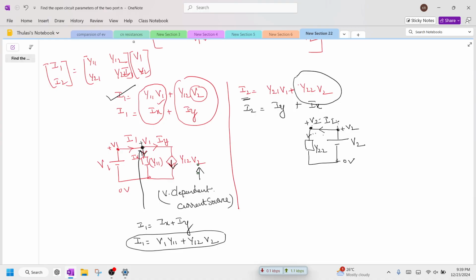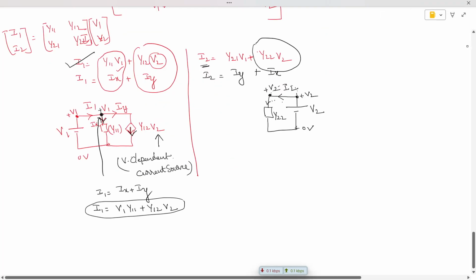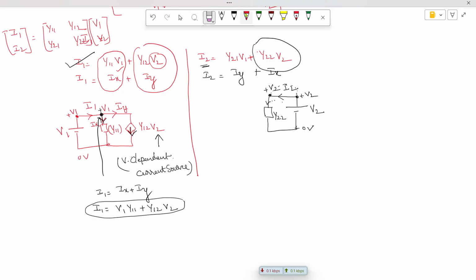Now we need to draw the another current, which is the current referring to the input port. How to draw that current? We have to use a dependent source.